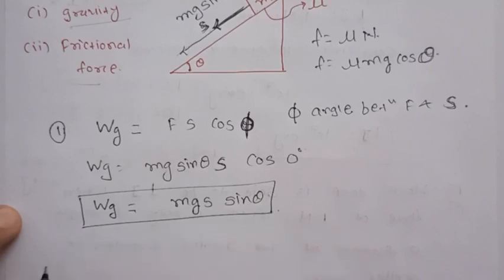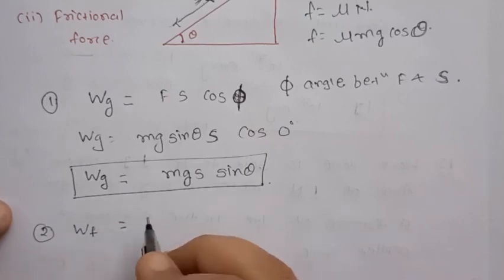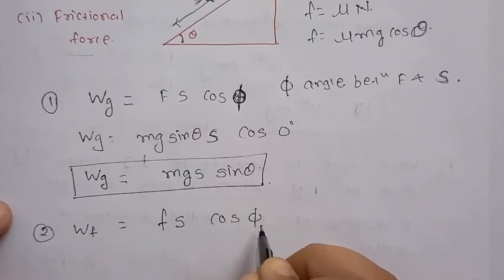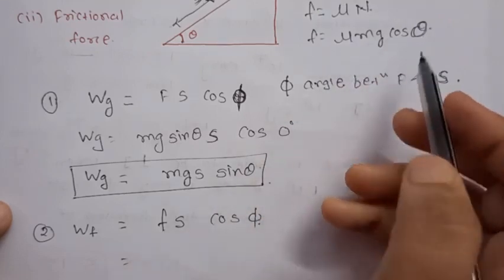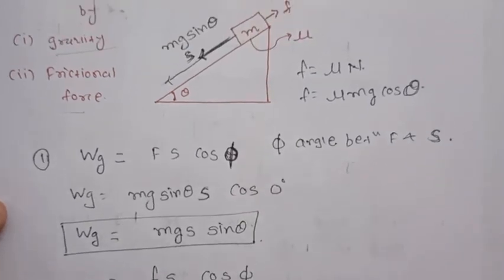Now let us find the work done by frictional force. That is also equal to Fs cos phi. The frictional force we just found is mu mg cos theta. So mu mg cos theta into s into cos phi. Phi is the angle between force and displacement.